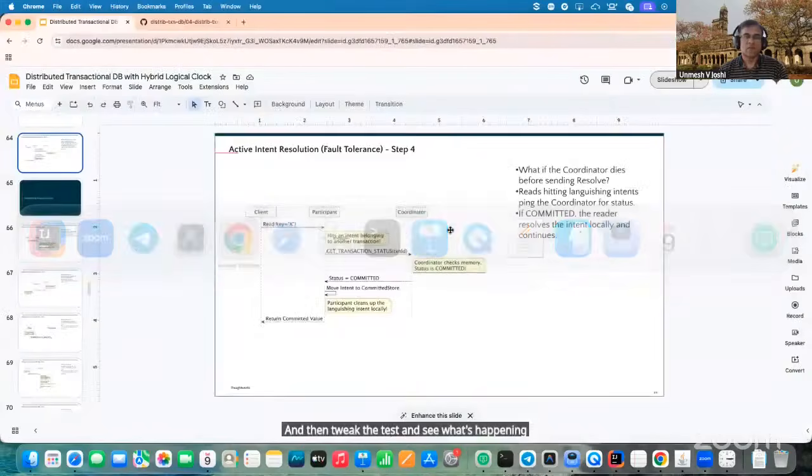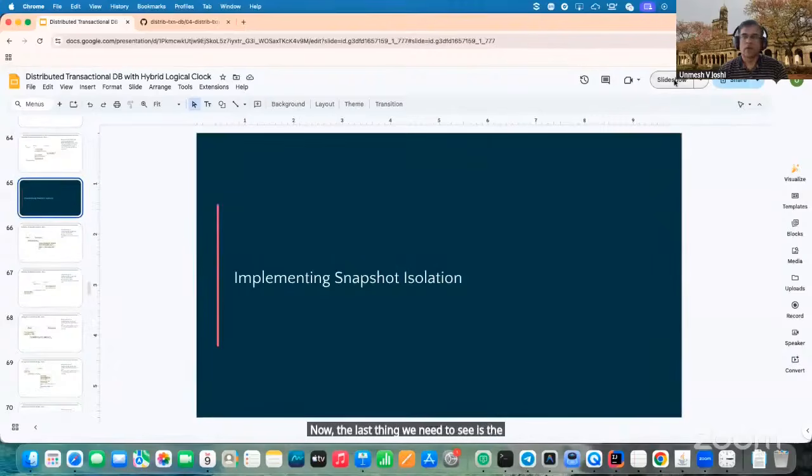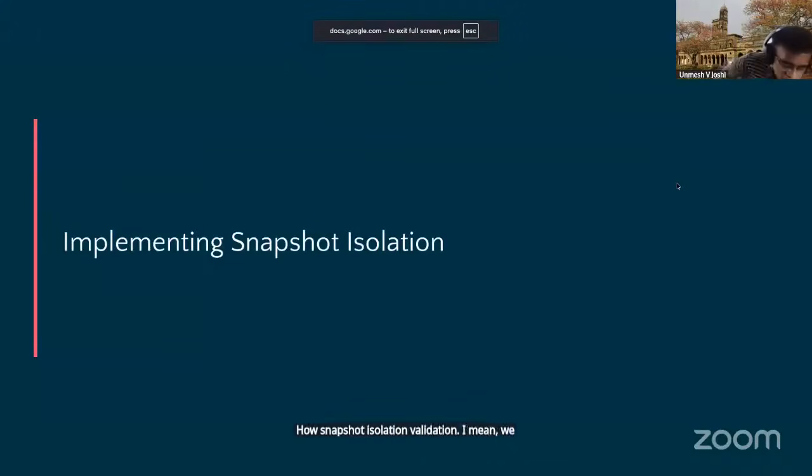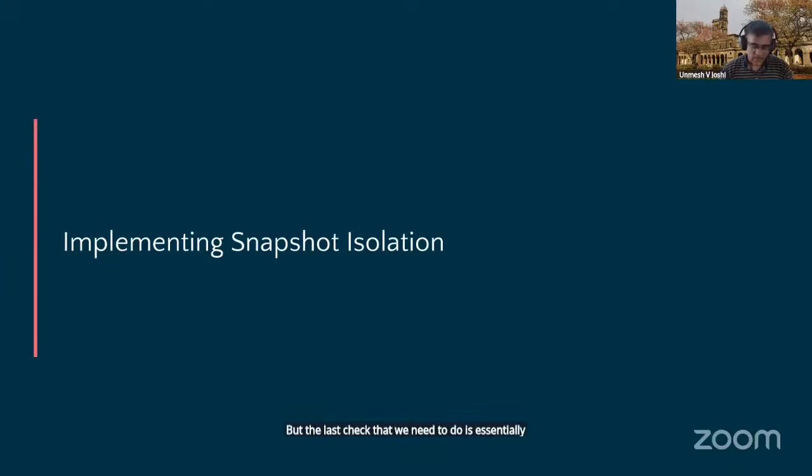Now the last thing we need to see is how snapshot isolation validation works. We have like 80 or 90% of the building blocks for implementing snapshot isolation. But the last check that we need to do is essentially the first committer wins check for snapshot isolation.